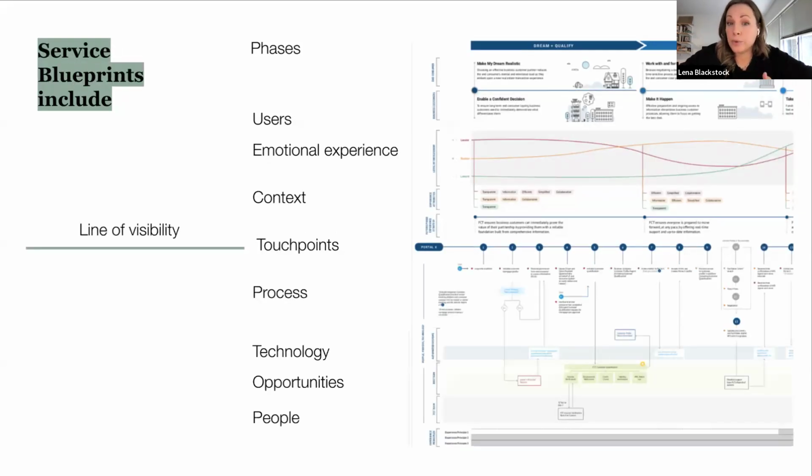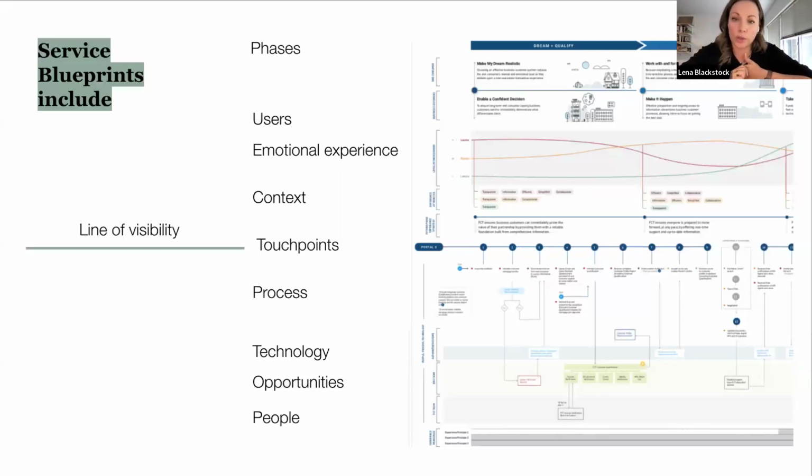And then for service blueprints, we capture all of that, plus the below the line mechanisms that make all of that experience possible. So again, theater example, the backstage parts are below the line, the front stage parts are above the line. And when you add on the below the line, you look at the people, the processes, and the technology that deliver the service.